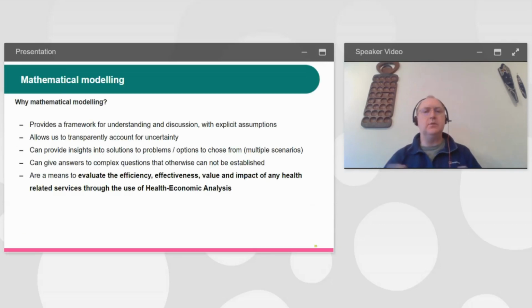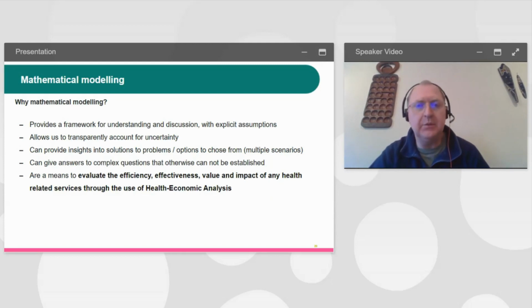Okay, so more broader questions in terms of why do we take this approach? Mathematical models provide a framework for understanding and discussion that is very clearly set out with explicit assumptions. It allows us to take account of uncertainty in a way that is transparent, and it can provide insight into solutions to problems, or it can inform the choice between alternative decisions in very complex scenarios.